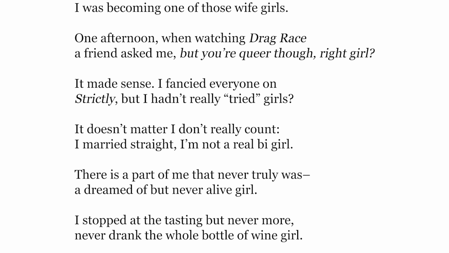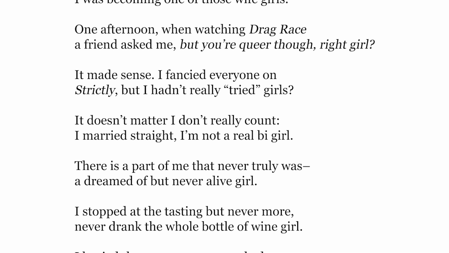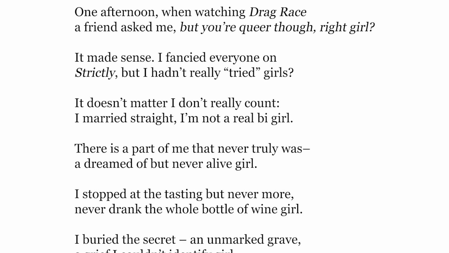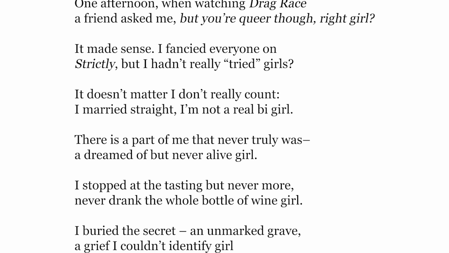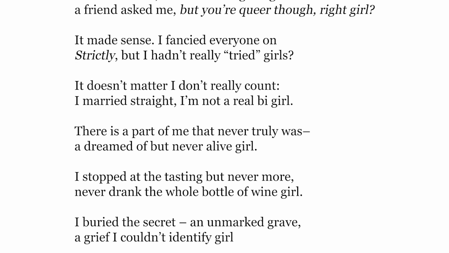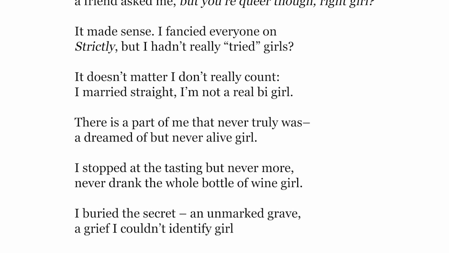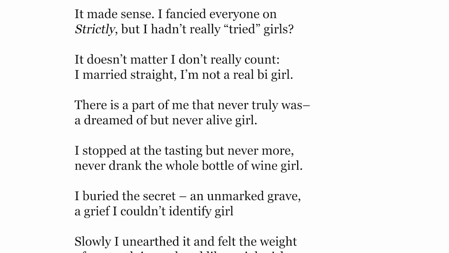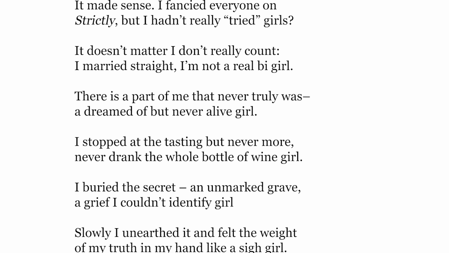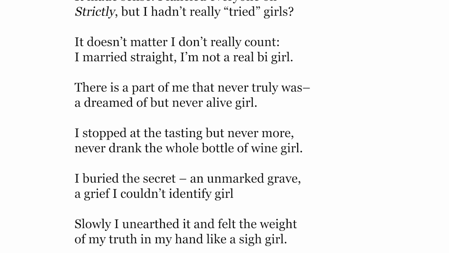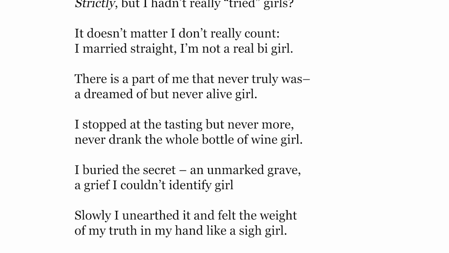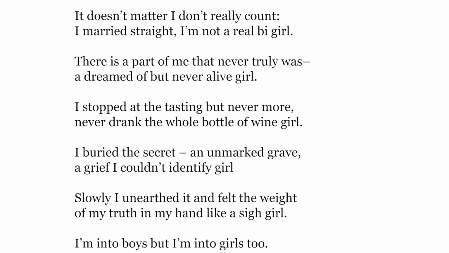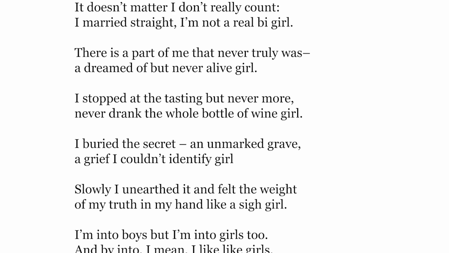It doesn't matter. I don't really count. I married straight. I'm not a real bi girl. There is a part of me that never truly was, a dreamed of but never alive girl. I stopped at the tasting but never more, never drank the whole bottle of wine girl. I buried the secret, an unmarked grave, a grief I couldn't identify girl. Slowly, I unearthed it.